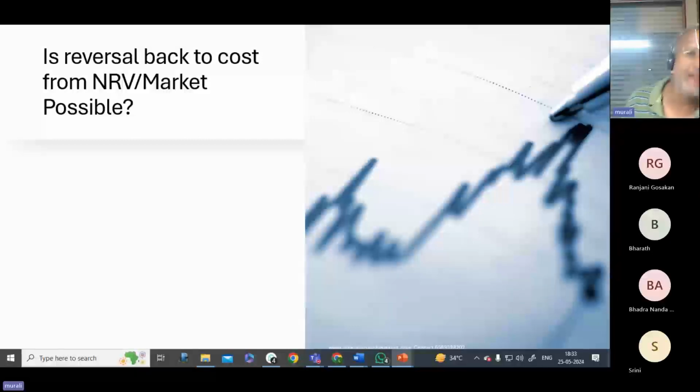From what it was, 90, it had just gone up. The quantum leap was very great. Shall I take it back to 100, the cost? Cost or NRV? Cost would mean 100 and NRV now is 115. So in one particular quarter, I have taken it up at 90. In another quarter, can we take it up at 115? Sorry, 100. The answer is no.